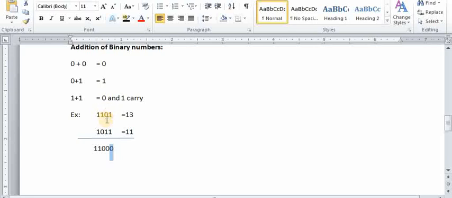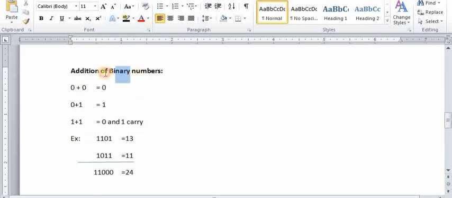Again 1 plus 1 will be 0 and we carry here. So 1 plus 1 equals 0 and carry here. And now 1 plus 1 is 0, and 0 plus 1 is 1, and 1 will be the carry. You know very well how to convert this binary number to decimal. It will become 24. So this is the way to find out the addition of two binary numbers.